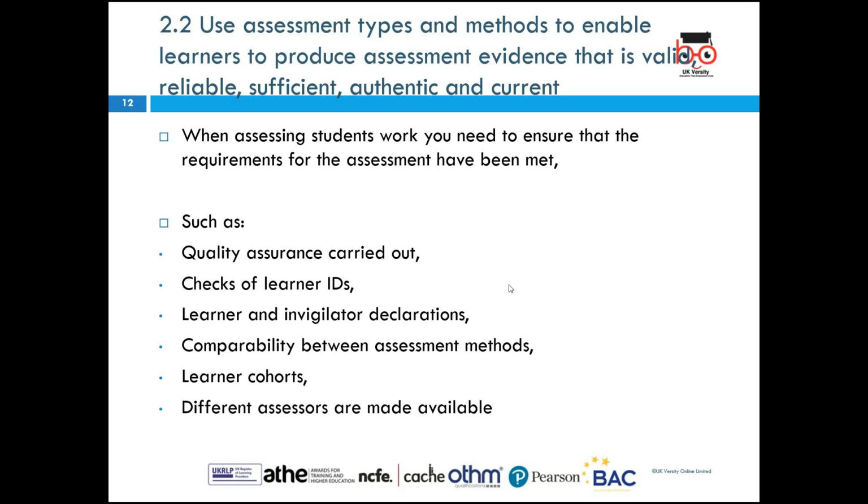You need to make sure that the correct person comes in. So check their IDs, check they've done their learner and invigilator declarations. This is not valid for everywhere that you'll be assessing, but I'd say this is more for the further education, high school, university style. You're going to check the compatibility between assessment methods.